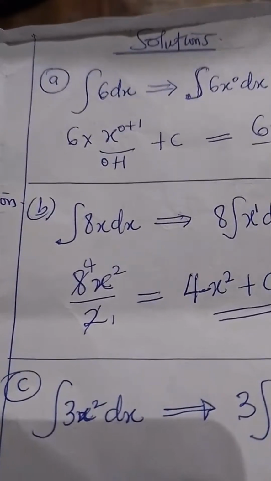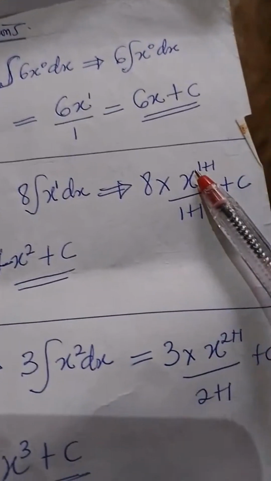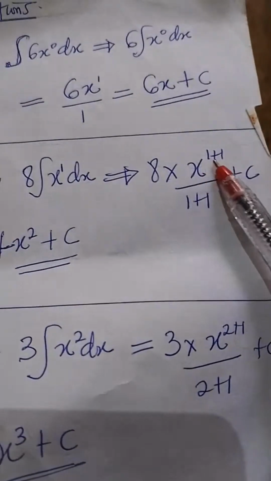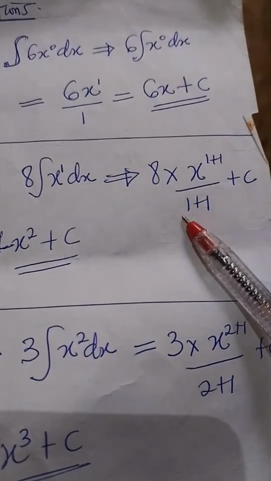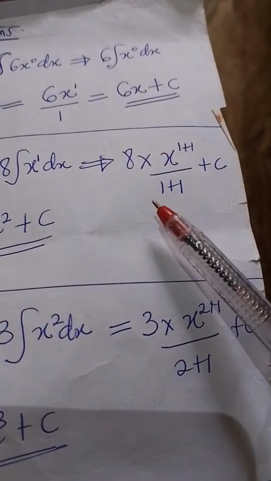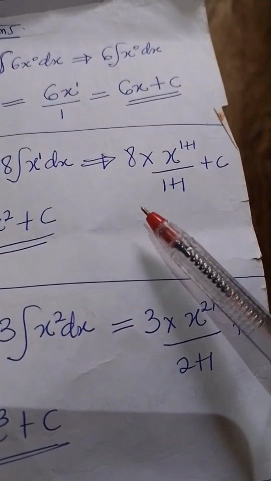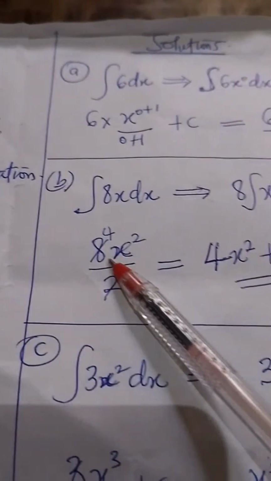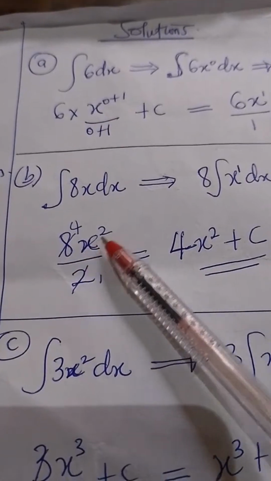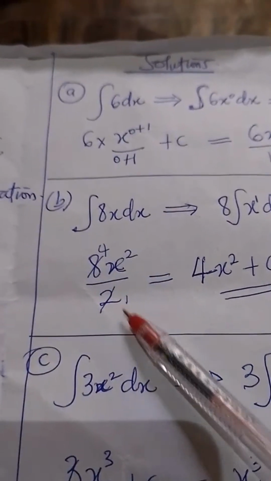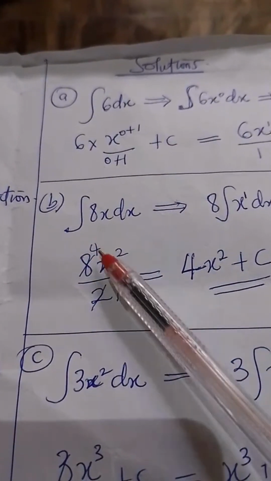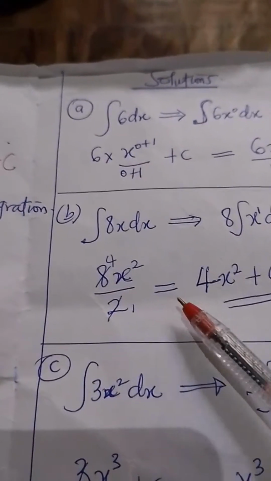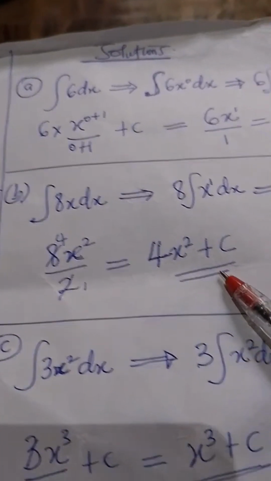When you add 1 to the power, it becomes 2. When you take the whole of the power, you divide it by that particular value you are dealing with. So that becomes x raised to power 2 over 2. So 2 into 8 gives 4, and you have 4x squared as your final answer.